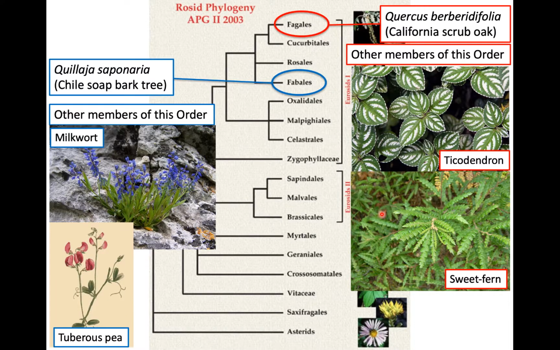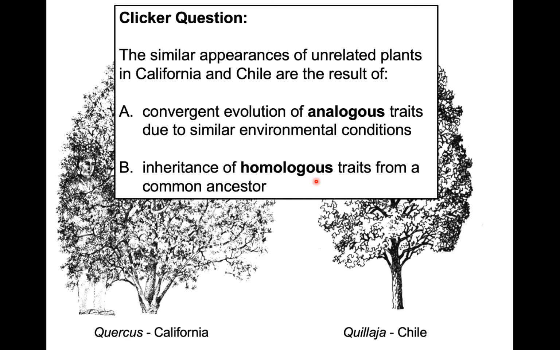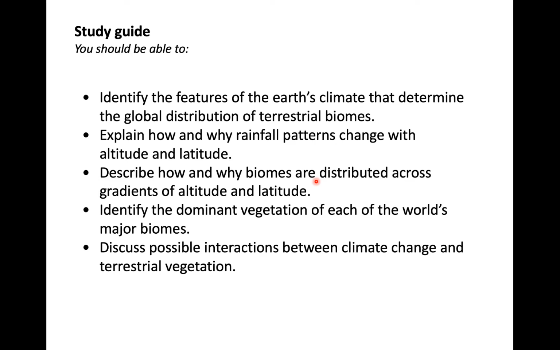We know in this case that it's actually not true, but you can see that without having a good phylogeny, you actually can't answer the question of whether it is analogous or homologous. So when answering this question on a quiz or an exam, there will be information about the phylogeny, otherwise you can't answer the question.